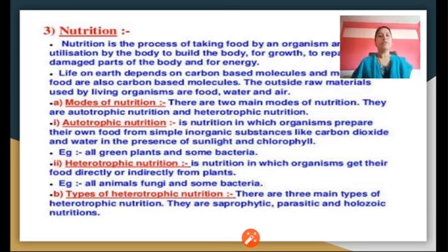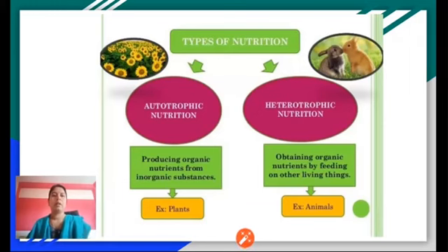This kind of nutrition is termed as heterotrophic nutrition and these organisms are termed as heterotrophs. Examples are all the animals including mammals, fungi and many kinds of bacteria. Here again you can see the classification of nutrition, autotrophic, heterotrophic, definition and the examples.